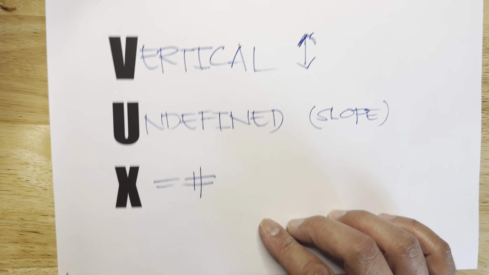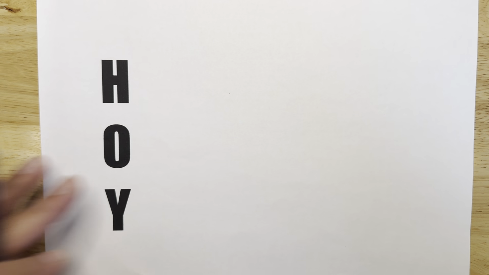The next word you're going to remember is HOY. H, you may have guessed it, is horizontal, sideways, like the horizon. I don't want to draw another sun.